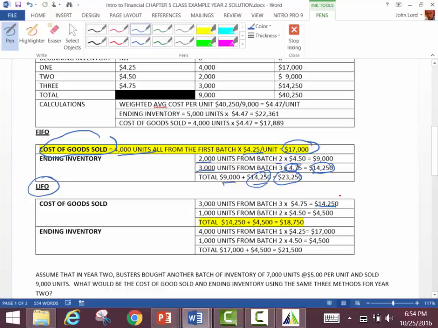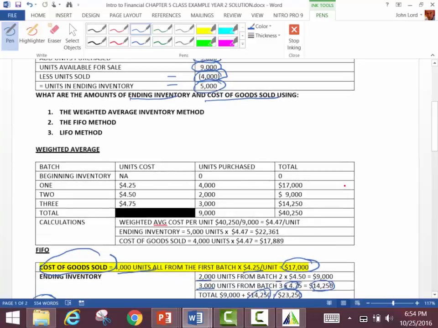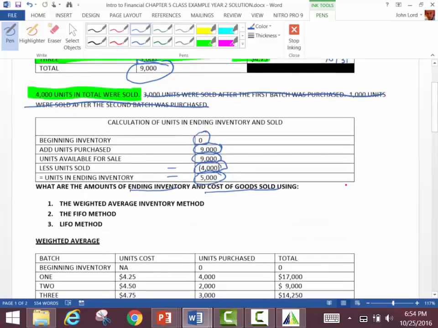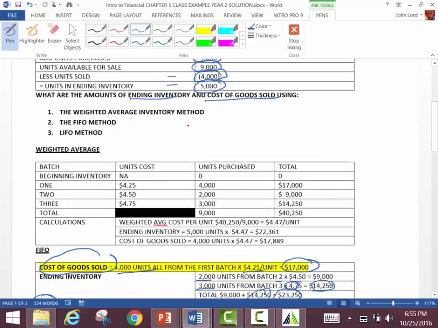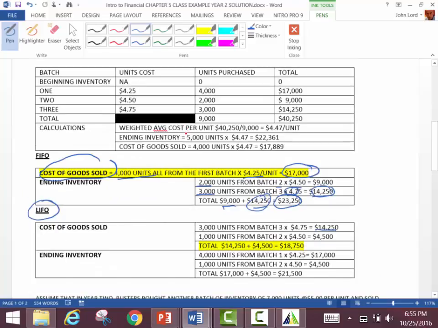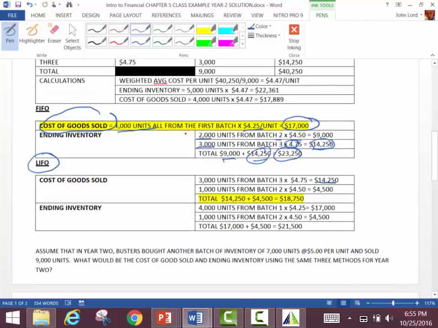Still need 1,000, so we go to batch 2, and there were 2,000 sitting there, so we grab 1,000 of those. And if we sell 1,000, there's still 1,000 left, isn't there? When we get our cost of goods sold now, we price those next 1,000 out at the batch 2 price, 450.